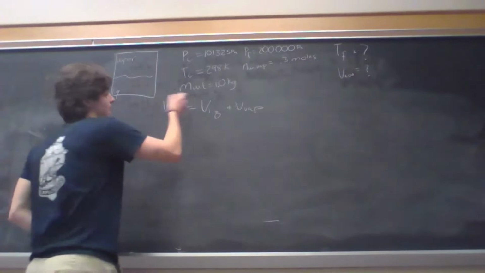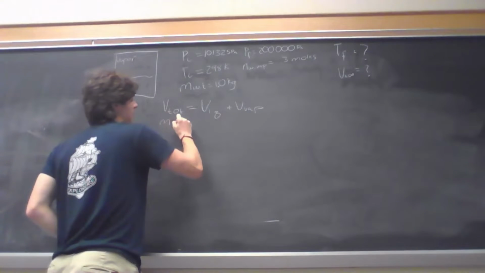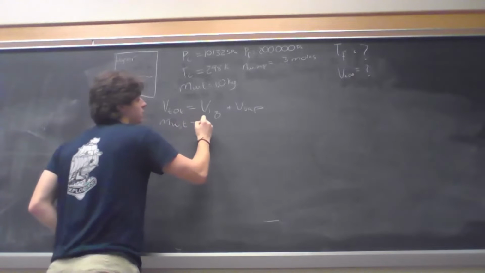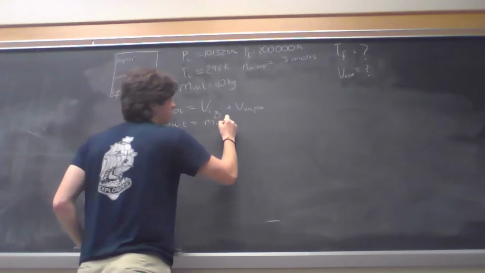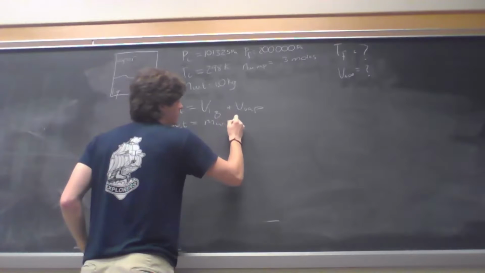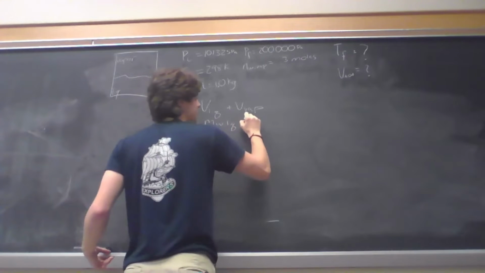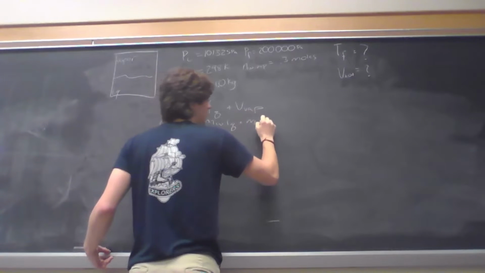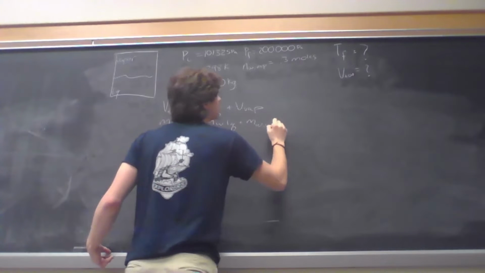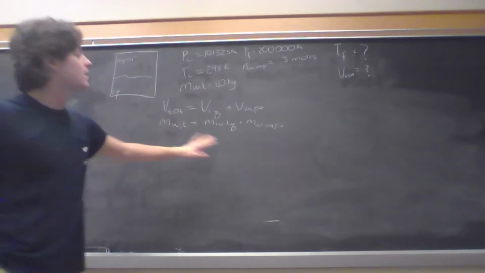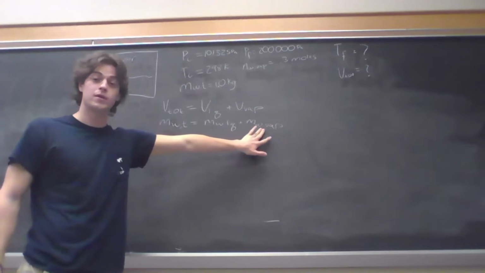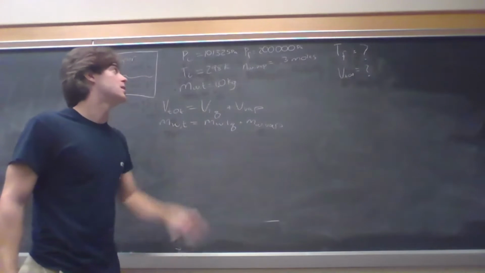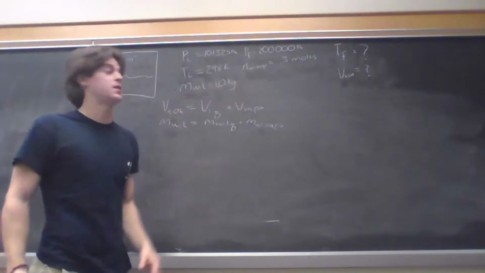Similarly, the mass of the water total will be equal to the mass of the water in the liquid phase plus the mass of the water in the vapor phase. Okay, we know this, and we can actually find the mass of the water in the vapor phase using the desired amount of moles at the end.